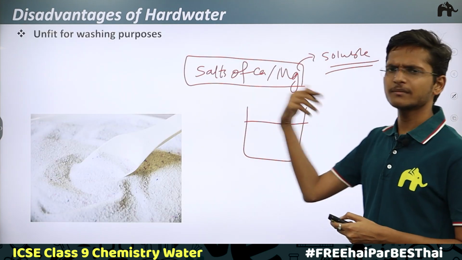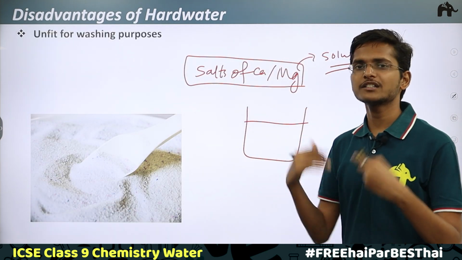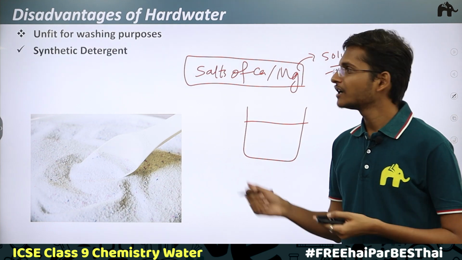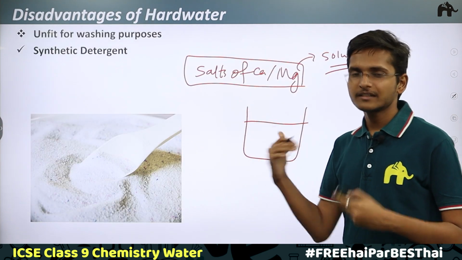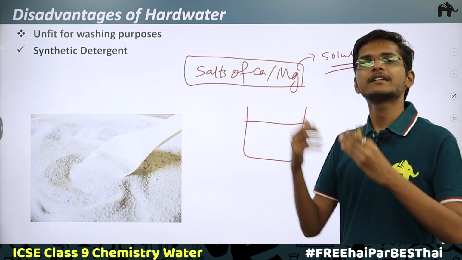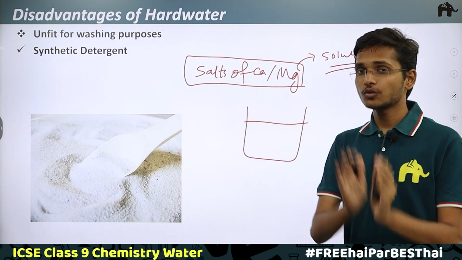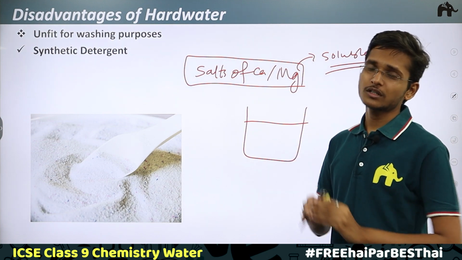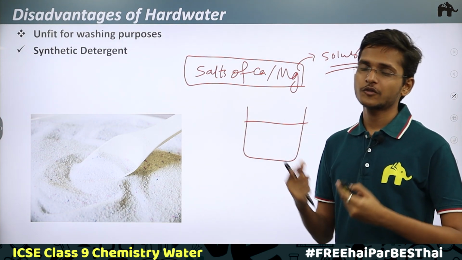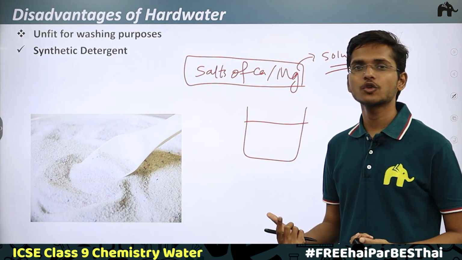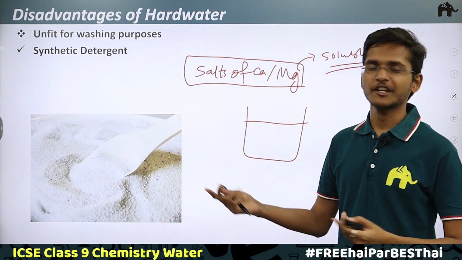In the case of detergent, there may be another negatively charged part. That part is free now, and since it is free, it can remove the oil, it can remove the dirt, it can clean our clothes. So if you are having hard water in your house and you are puzzled how to wash the clothes, simply buy a detergent and your work is done.